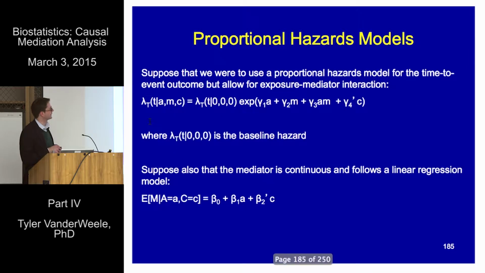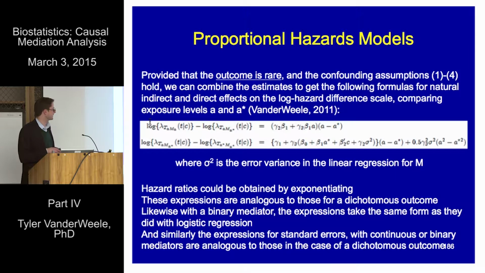If we replace our thetas in the logistic regression with these gammas from the proportional hazards models, these are the exact same expressions. And likewise, the expressions for a dichotomous mediator are exactly the same as what we had for logistic regression. Same standard errors as well.